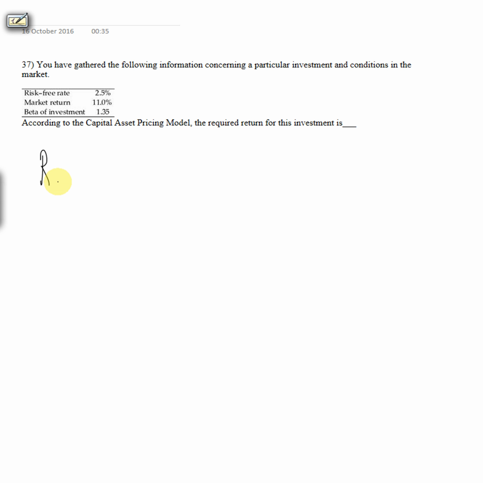So required return using the CAPM formula is R equals RF plus beta times, this part is the risk-adjusted risk premium, RM minus RF. You just plug in the numbers.